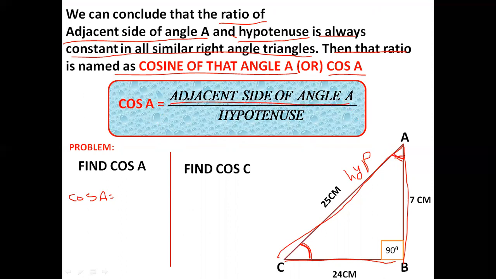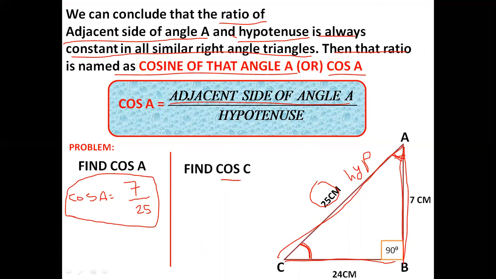This is angle A, this is the hypotenuse, this is fixed. So the adjacent side is AB. What is the length of AB? 7 centimeters. So you write 7 centimeters by hypotenuse. What is the hypotenuse? 25 centimeters. So this is the cos A value. Cos A is equal to 7 by 25.